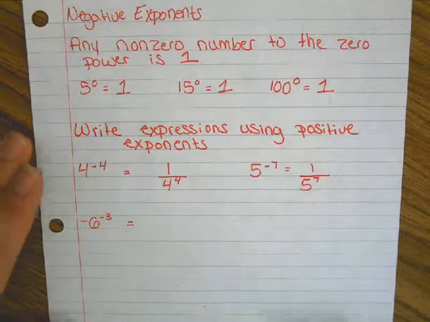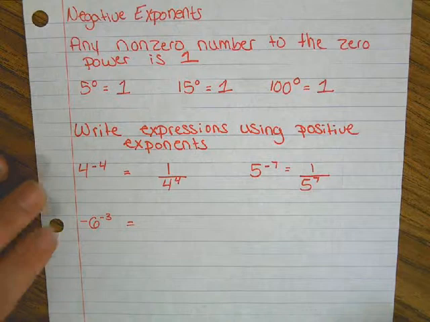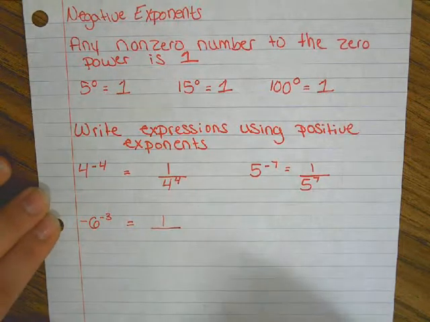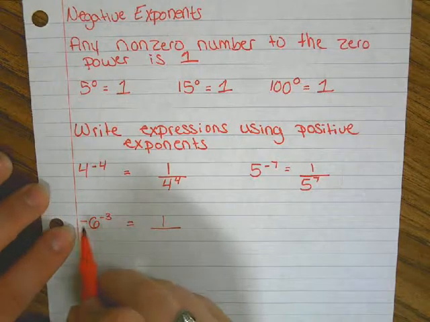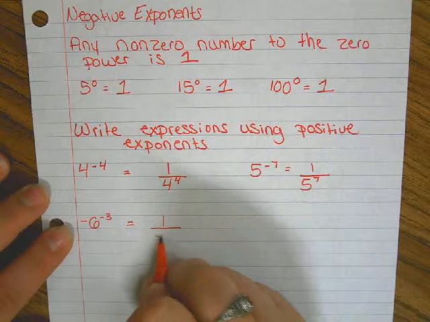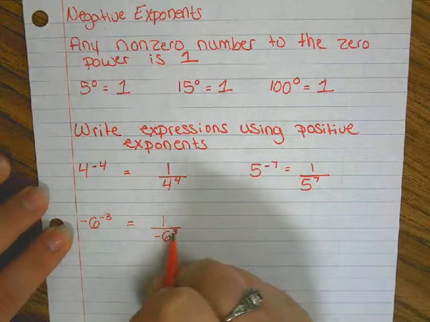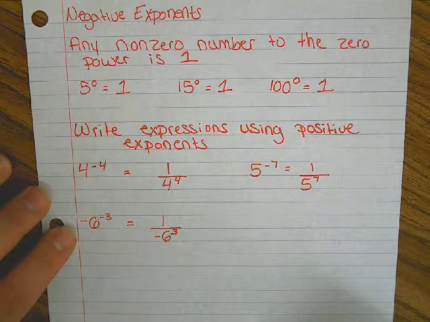What goes on top? 1 over what? And this negative doesn't go away. Since the number is negative, that still stays negative. The only thing that changes to a positive is your exponent. So it would still be 1 over negative 6, and then change your exponent to a positive 3.